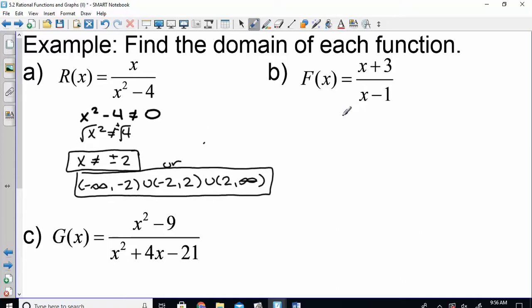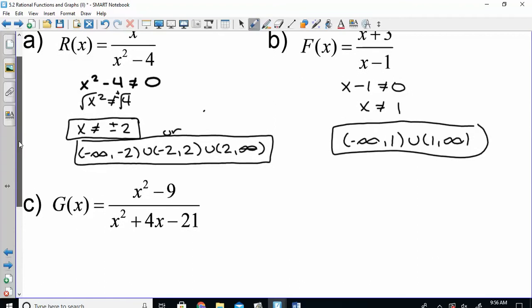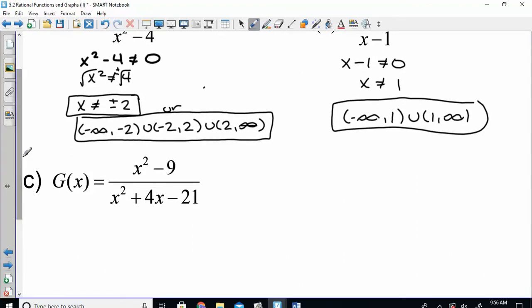B, what would we do? X cannot equal. So since it's just one number, x can't be, I would expect the interval. One more. What would we have to do here?